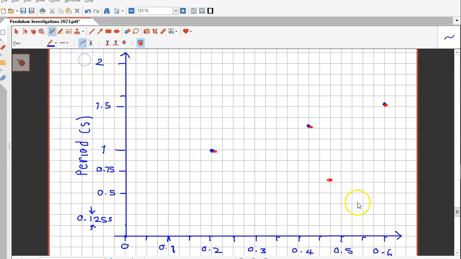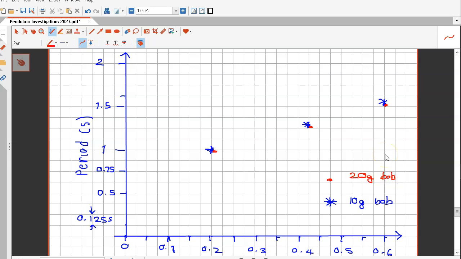If you don't want to use colors, you can use different shapes, like for instance use an asterisk for one of them. So here this would be 10 gram bob, and the other one will be for a 20 gram bob.